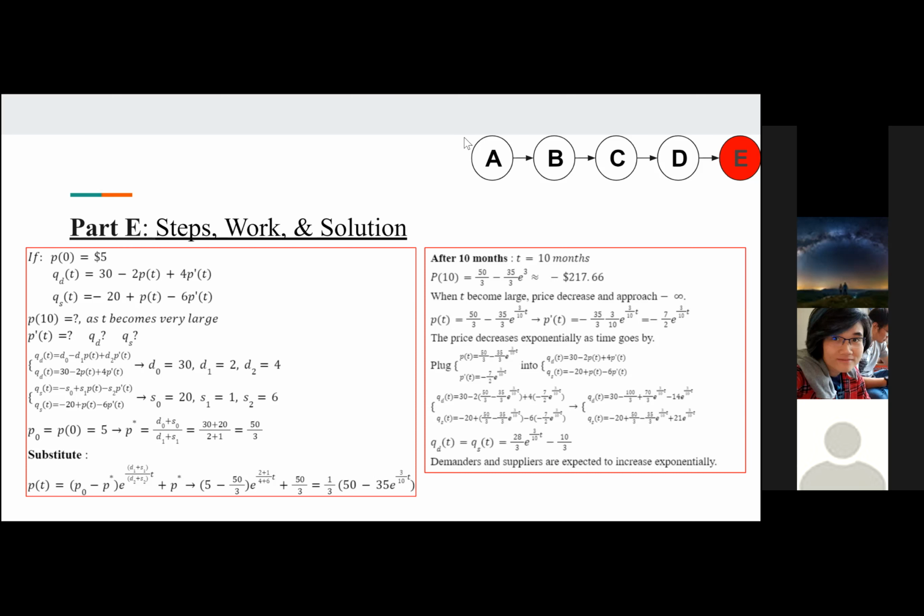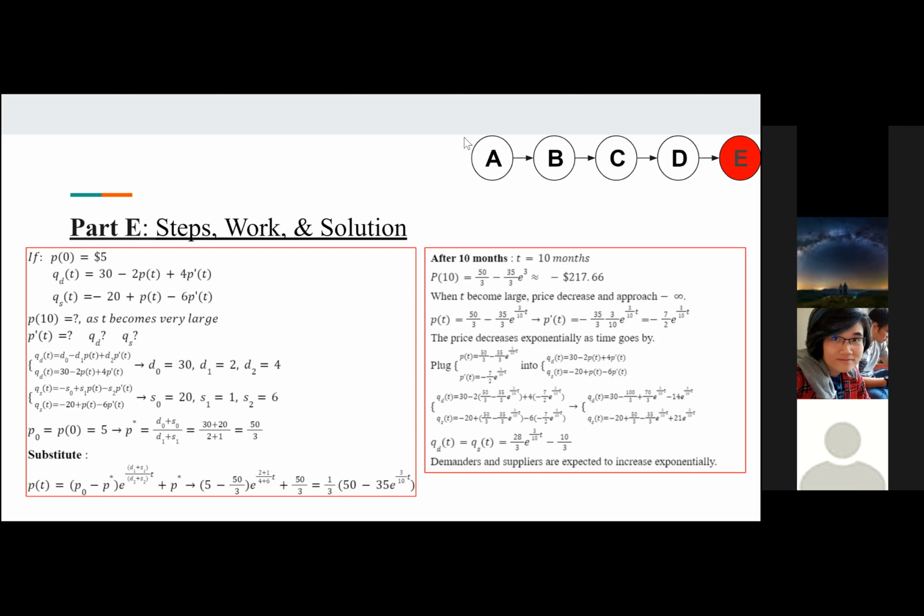Then we can substitute P star into the equation, and we find that P(t) is 1/3 multiplied by (50 minus 35 e to the power of 3/10 t).